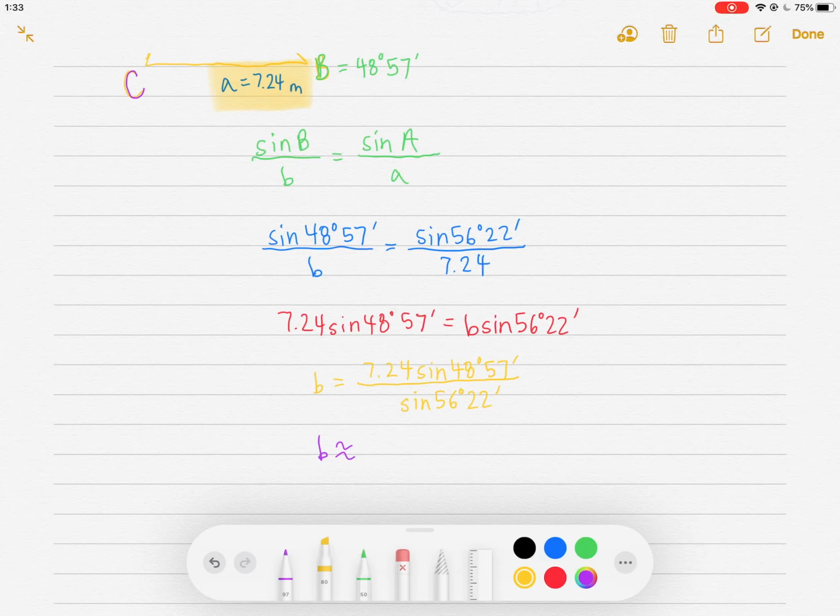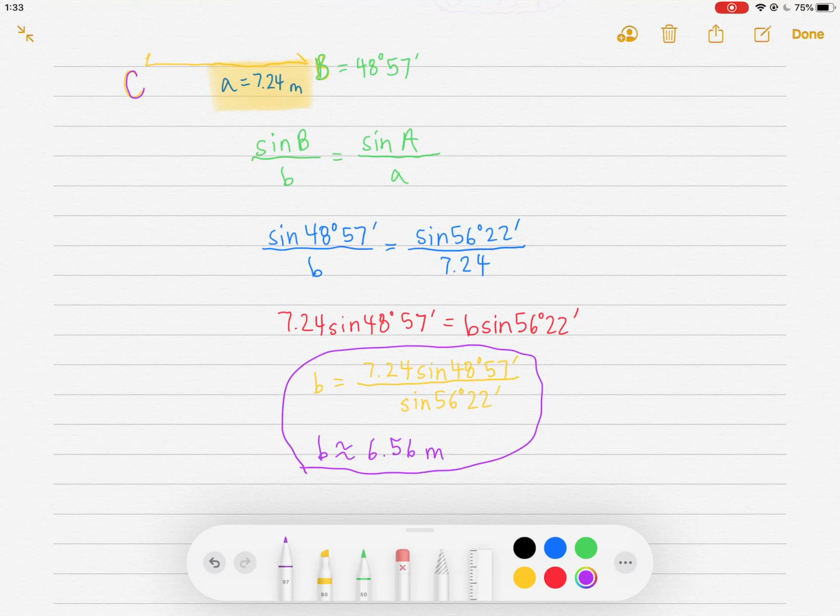I hit equals, and b is approximately 6.56 meters. Don't forget your units.